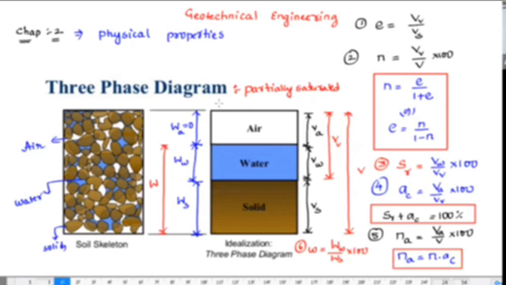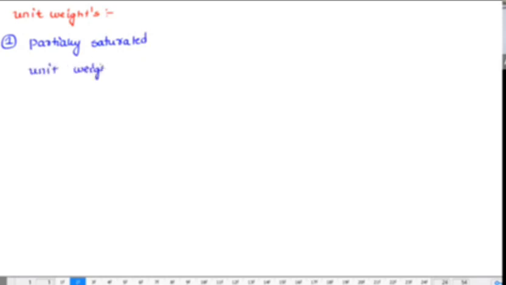So once we know this, if you come to the unit weights: the first is the partially saturated or bulk unit weight, represented with gamma.